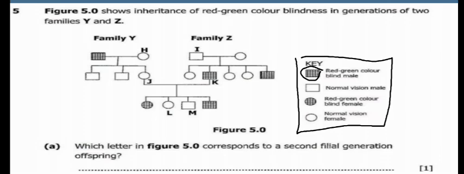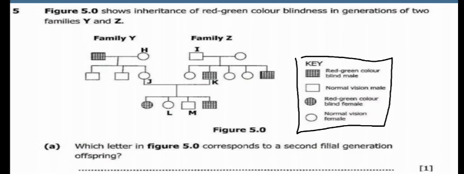Then whenever we use a square which is unshaded, this one is going to show the normal vision of a male. Then followed by the circle which is shaded, this one is going to show the red-green color blind female. Then the last one, the circle which is unshaded, it is going to show the normal vision of a female. So this is what we need to use for us to answer this question.